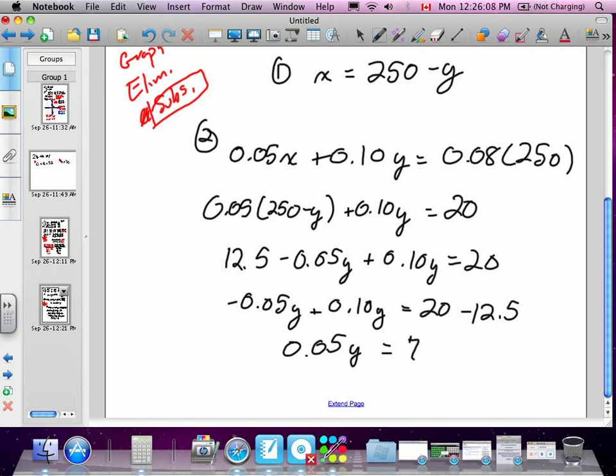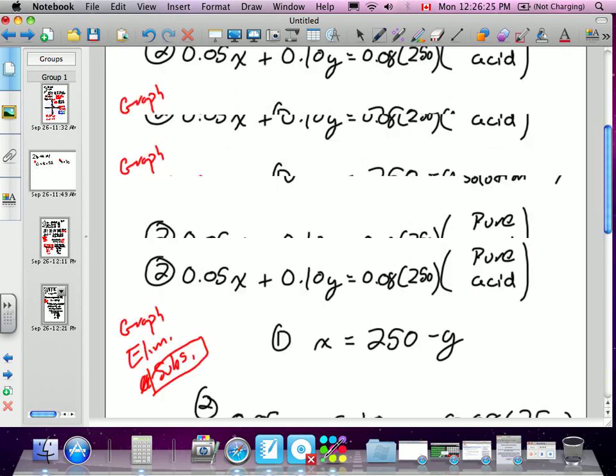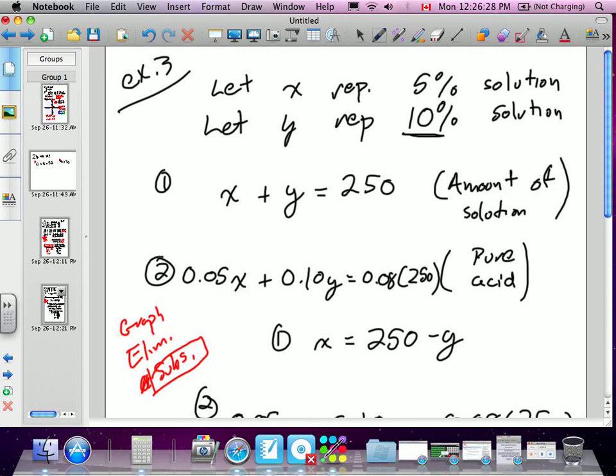I need to isolate for just y, so I need to divide by 0.05. y equals 7.5 divided by 0.05, so y equals 150. Our y represented our 10% solution, so we needed 150 milliliters of that.